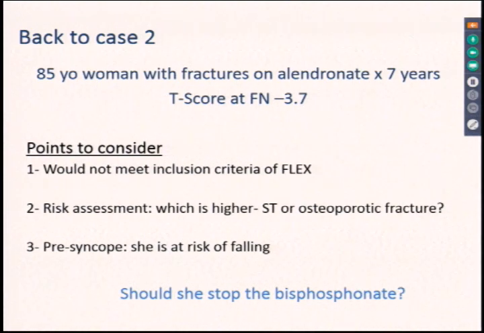Risk assessment, you want to think about which is higher, her risk of a subtrochanteric fracture if I kept her going on the Alendronate, or the risk of an osteoporotic fracture if I stopped her Alendronate. And then she has pre-syncopal episodes, and she does fall, and she's at risk of falling. So this is a frail woman where every day she is at risk of breaking her hip or breaking a vertebra.